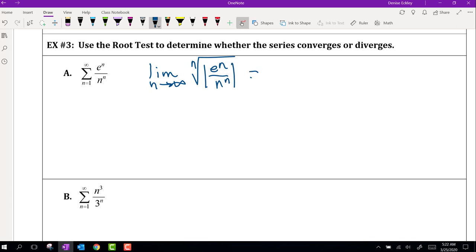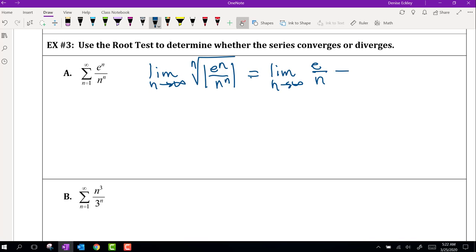And when we do that, we're just left with the limit as n approaches infinity. The powers are going to cancel each other out. We're just left with e to the n over, just e over n, because the nth power goes away. E over n.